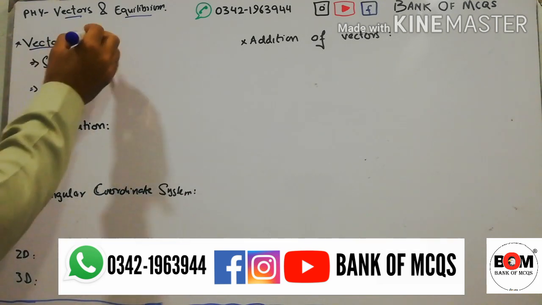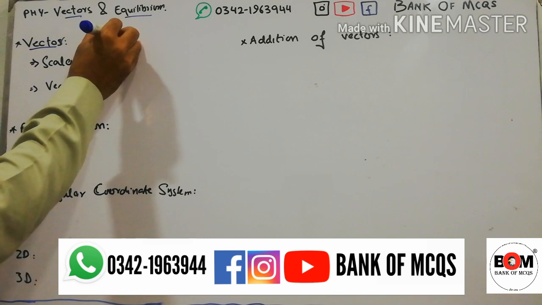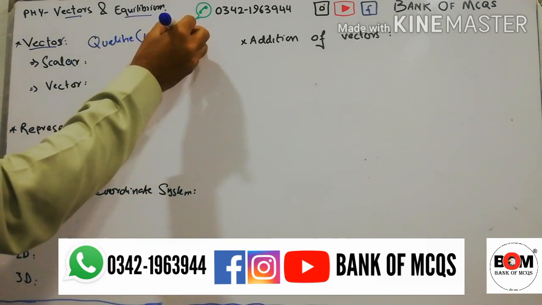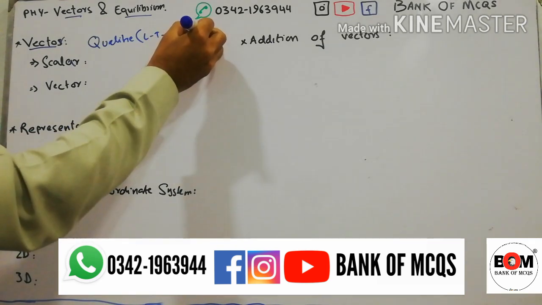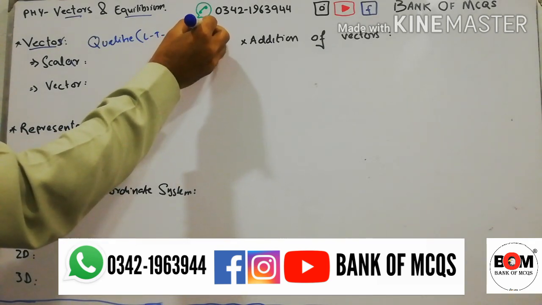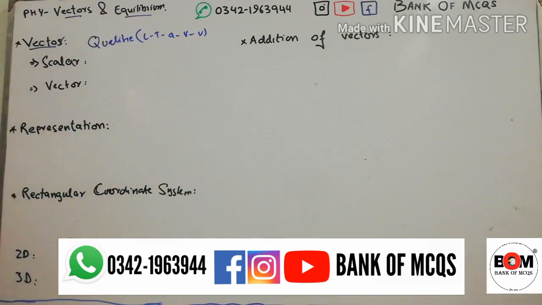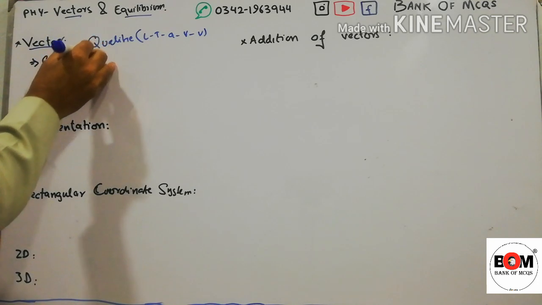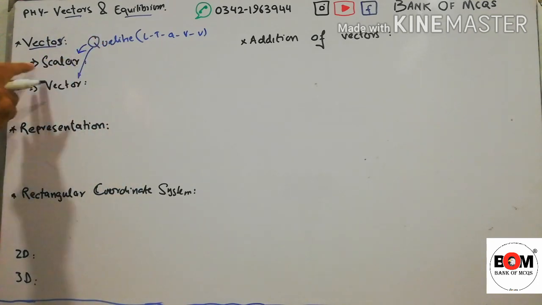All those quantities present in physics, like length, time, acceleration, voltage, velocity and all others, can be divided into two types: either scalar or vector. Which one is scalar and which one is vector?